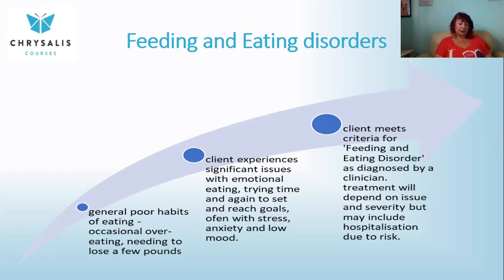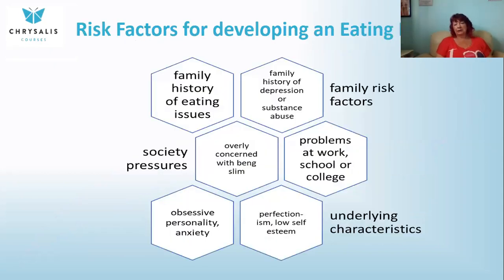So let's look at the risk factors of somebody developing an eating disorder. There's different risks. There's family risks, society pressures, and underlying characteristics. So having a family history of eating disorders, depression, or substance abuse can make it more likely. Being criticised for their eating habits, body shape, or weight.